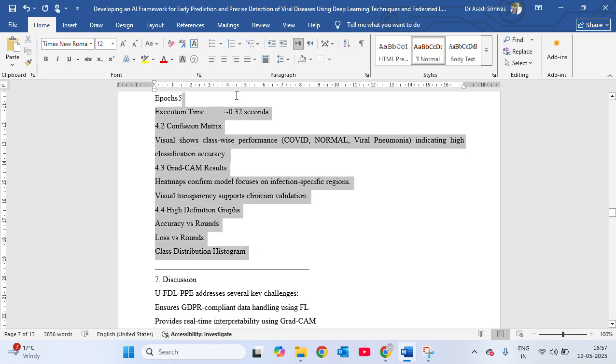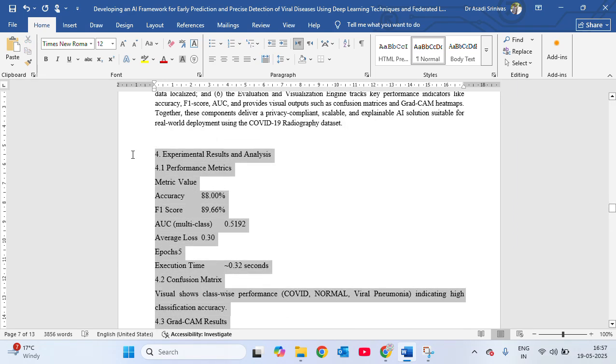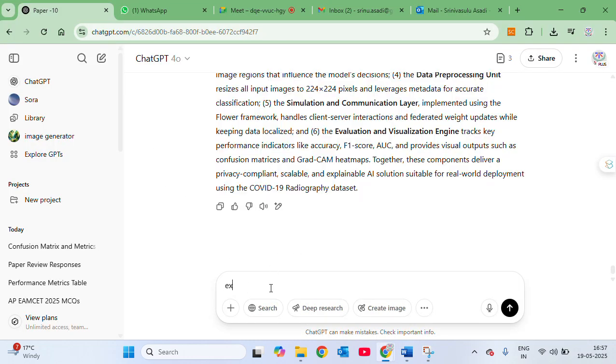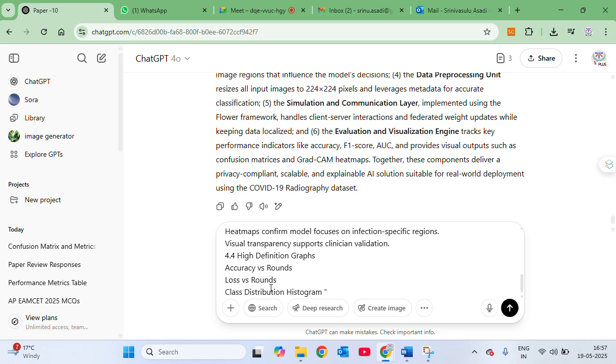Okay, now we need to copy. Explain each side heading with three paragraphs, based on the above entire research experimental data.